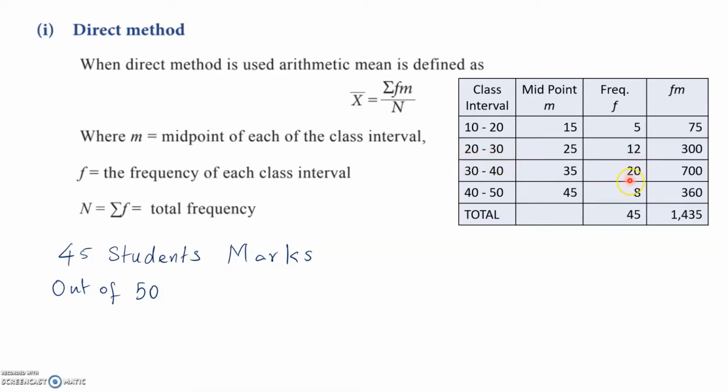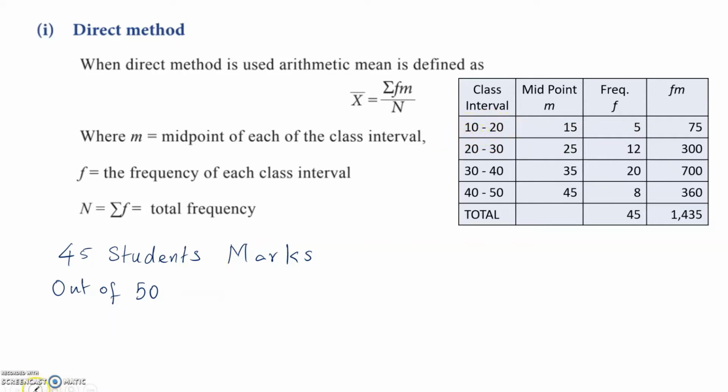There were 20 students who got marks between 30 to 40, and 8 got between 40 to 50. So here you can notice that we have collected all the marks between 10 and 20, and we have given a frequency for this interval, 10 to 20. So instead of individually marking each mark and putting a frequency, we have collected them under a class interval.